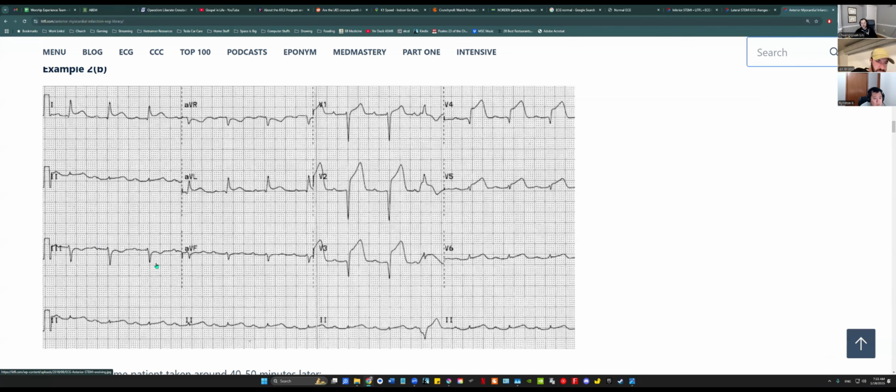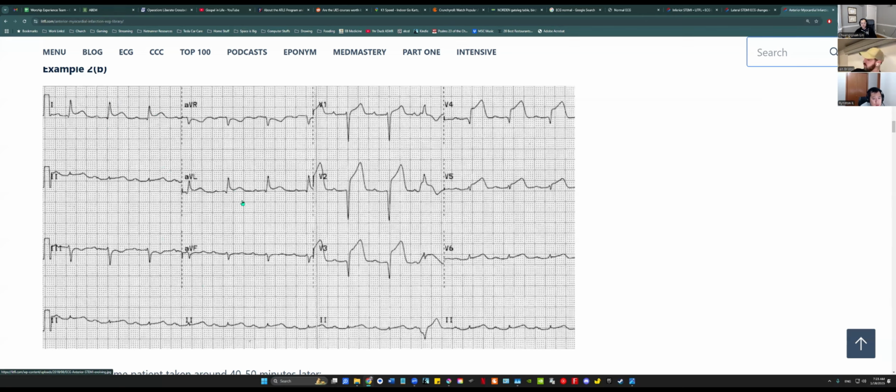These are also ST elevations. Okay, so this is an anterolateral STEMI, a common finding actually. Anterolateral and inferolateral are also common. These are two common combinations.